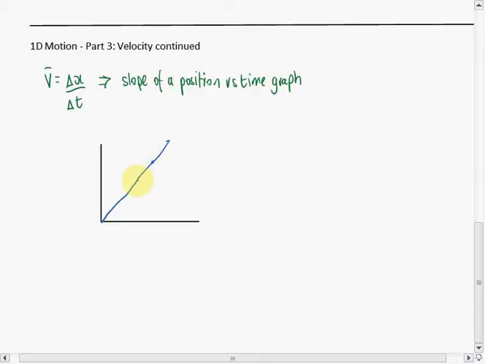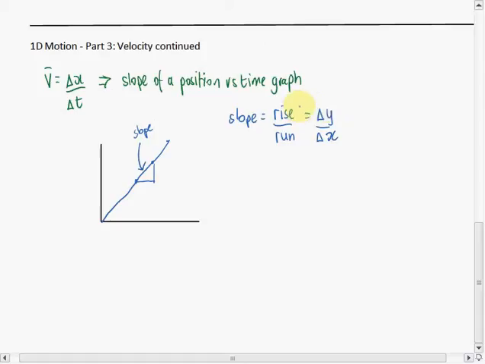So between two specific points of interest, this slope over here would be defined as follows. Slope is typically the rise of that graph divided by the run. Some of you might remember it as the change in y divided by the change in x, right?